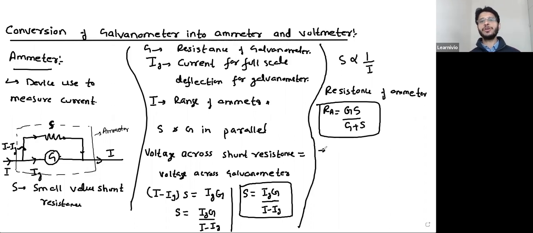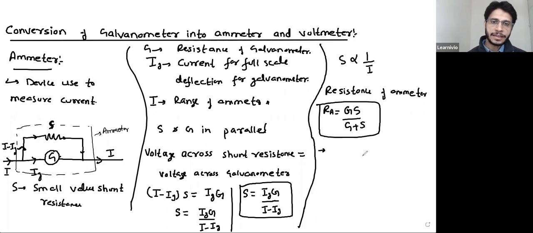Okay, tell me, which ammeter will you prefer? An ammeter having a high resistance or an ammeter having a low resistance? An ammeter having a minimum resistance will have minimum error.